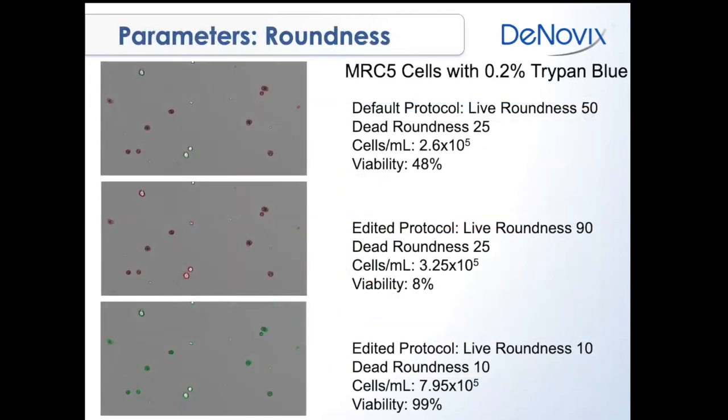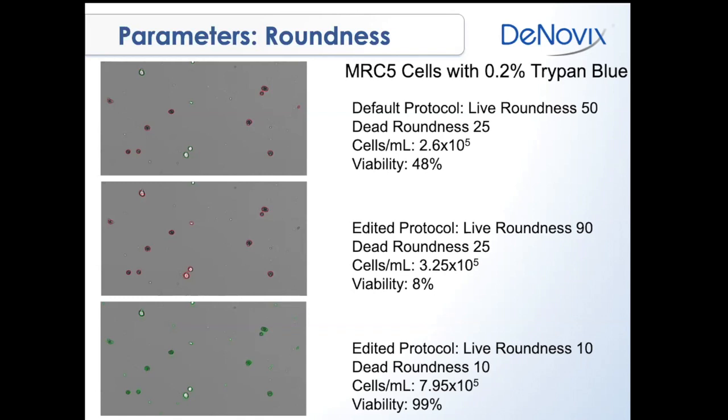If you set this roundness to be very high, like I've done here, where I set it to 90, things need to be almost perfectly round and completely outlined to get counted as cells.